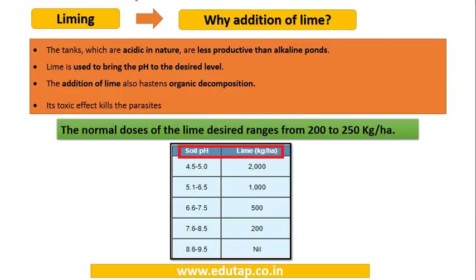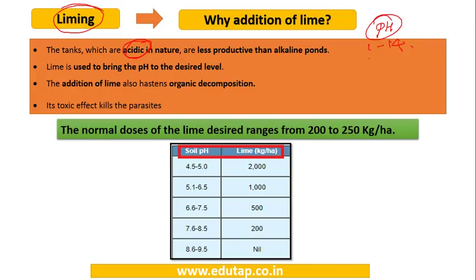Now the next important thing that we need to do is go for liming. So what is this liming? We are adding lime. Why are we doing it? If you see the tanks in which we are going to rear the fish species, it should not be acidic in nature. We know that pH has a value of 1 to 14.